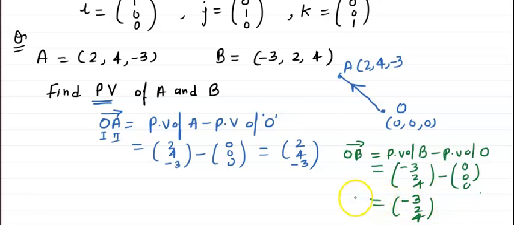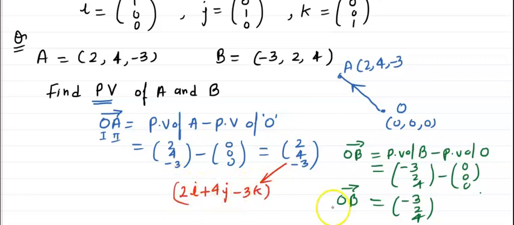So this is position vector of OB, right? If you do not prefer to write this vector as a column vector, you can write 2i plus 4j minus 3k, and this one you can write -3i plus 2j plus 4k. Is that okay?